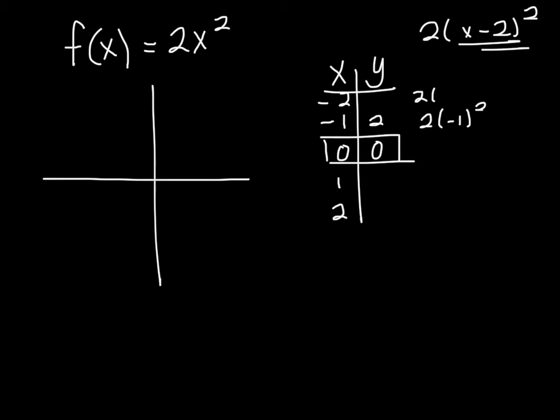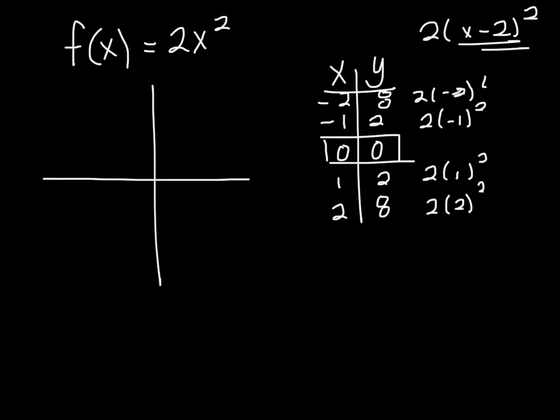If I plugged in a -2 there, I would get 4 times 2, which is 8. Now if I plugged in a +1 here, then I would get 2. And if I plugged in a +2 there, I would get 8.